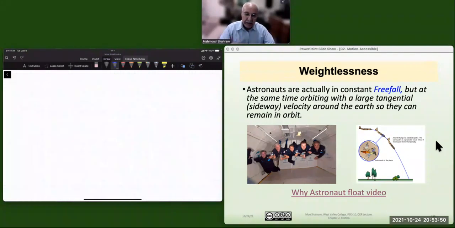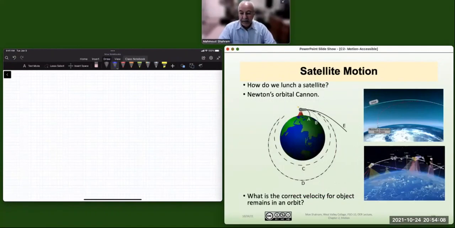And that same thing happens when you have a satellite or a space station orbiting around the Earth with certain tangential velocity. In fact, that's how we launch a satellite.